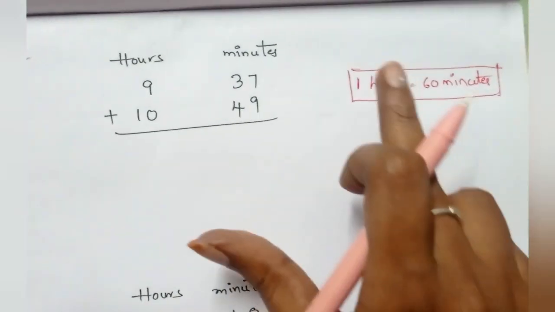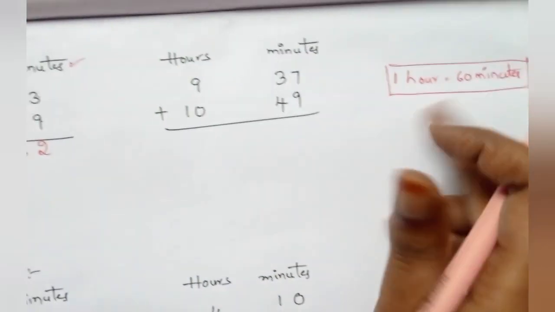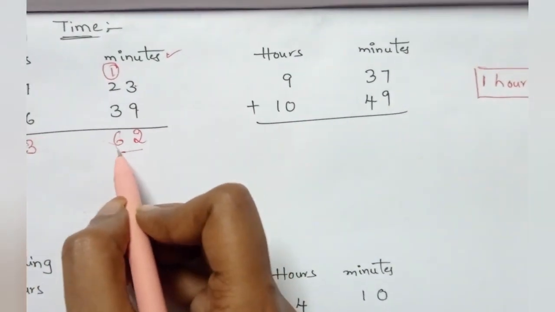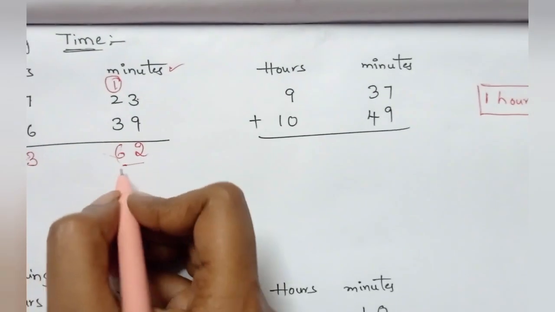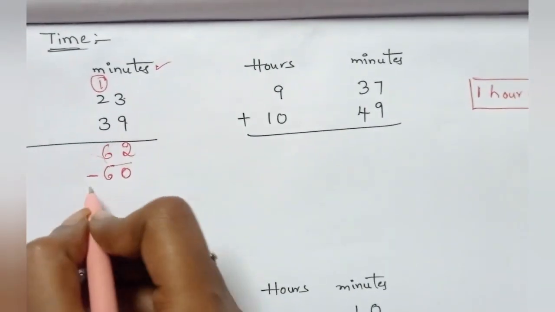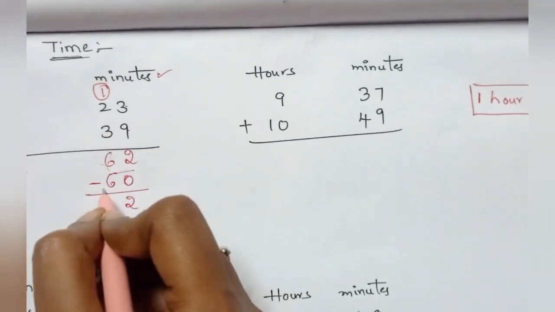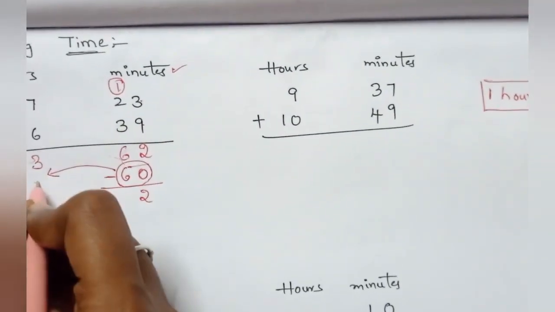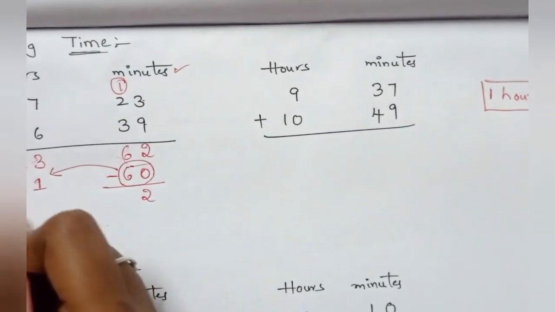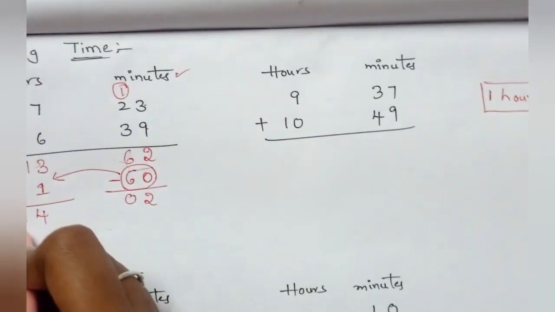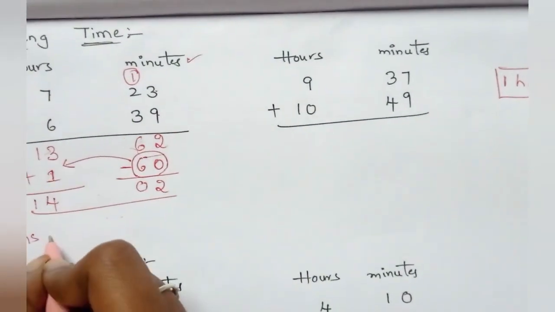What I told you, 1 hour is equal to 60 minutes, so minutes shouldn't be more than 60. If you are getting more than 60, you should subtract 60 from the minutes, and this 60 is to be added to the hours. That means the answer is 14 hours 2 minutes.